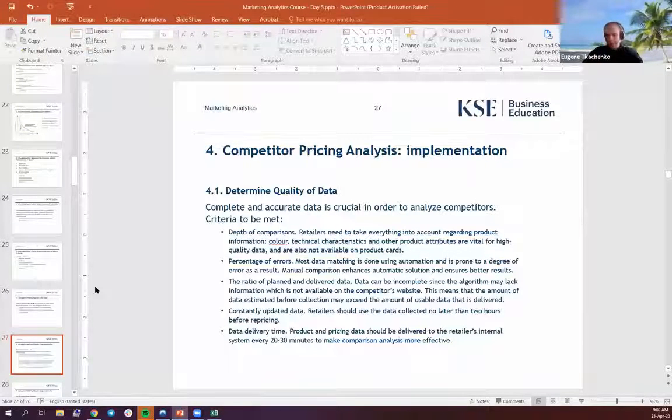For example, let's say you're interested in data that covers your current competitors' pricing, such as any price adjustments made by your competitors in the last week, and you're working with some third-party agency who does that for you. But if you see that they're not covering all competitors or all of the products you're interested in, it automatically affects the quality of your data and the quality of your analysis.